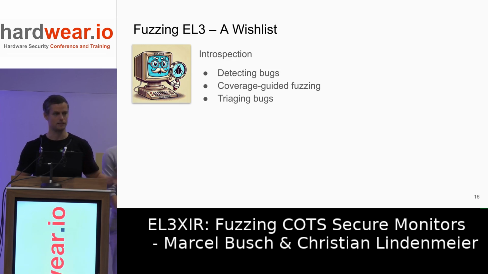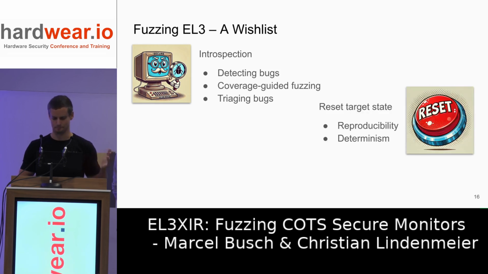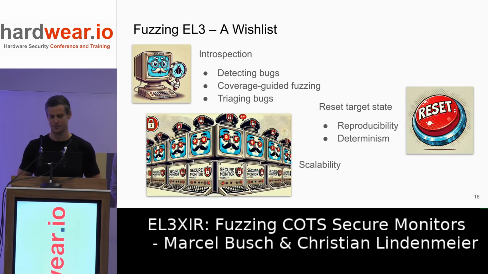And in triaging bugs, having dynamic execution capabilities is absolutely necessary. Then for fuzzing, target reset, reproducible inputs that lead to crashes, and determinism are absolutely essential. And of course, the more executions per second we have, the better, since we can find more bugs, right? So horizontal scalability is one of these properties that you really want when you're fuzzing a target at large scale.